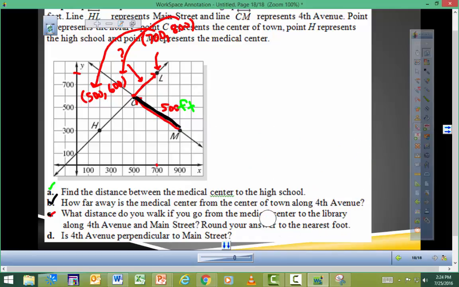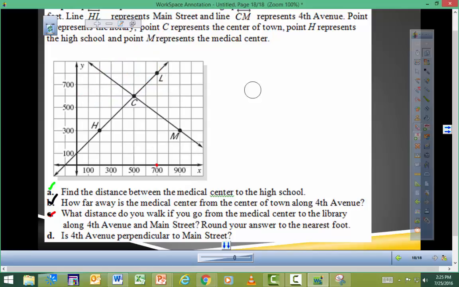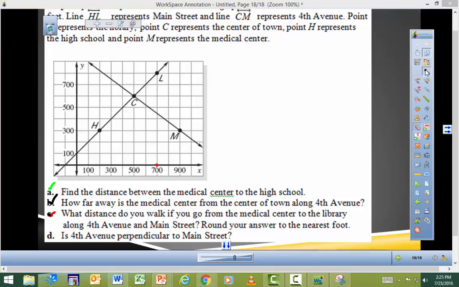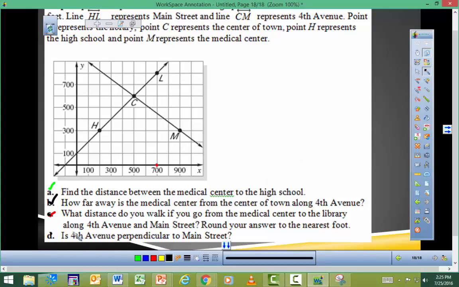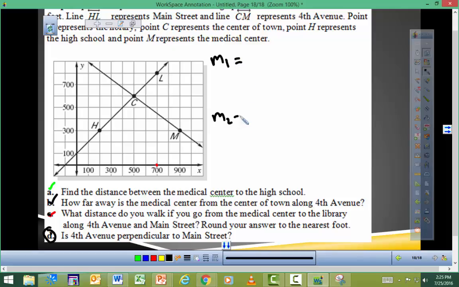So let's check this out. Part D. What we're going to do is find slope number 1 and compare it to slope number 2. Remember, if slope number 1 times slope number 2 is equal to -1, that would suggest that we have perpendicular lines.